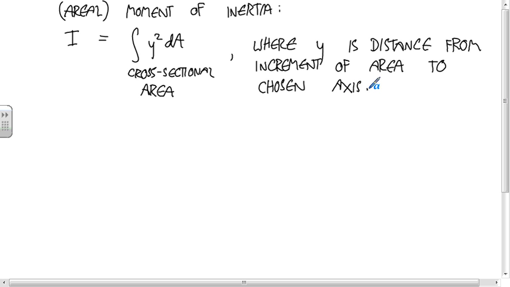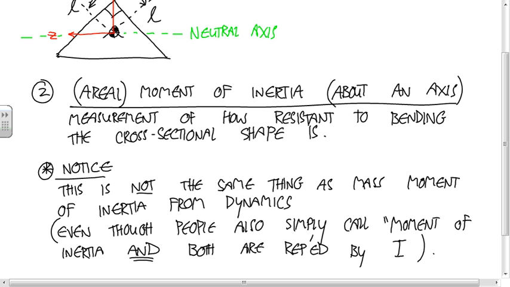And for us, that's usually going to be the neutral axis. And that chosen axis is when I said the areal moment of inertia about an axis, it's the axis that we're taking the moment of inertia about. Okay, that's the axis I'm talking about.